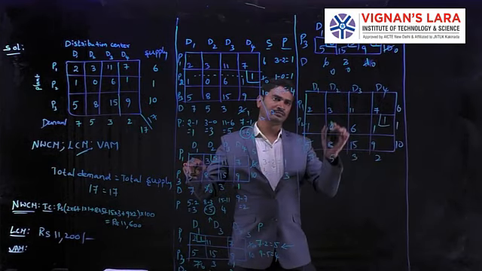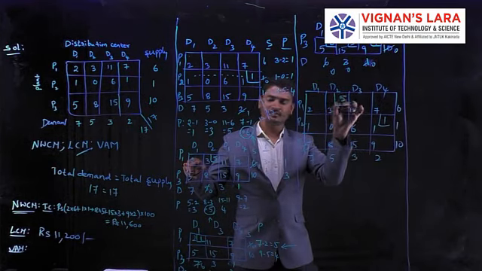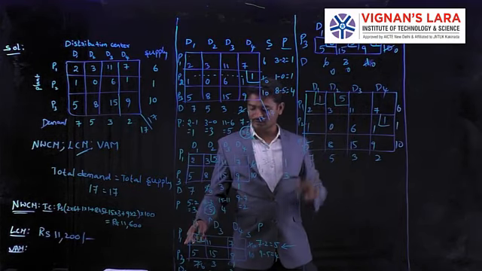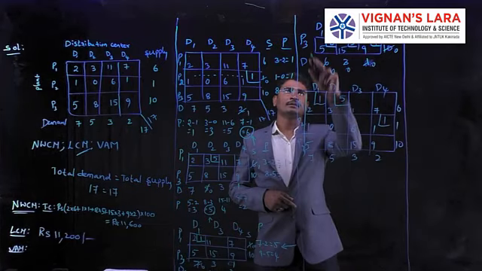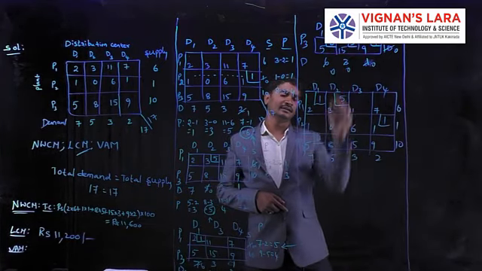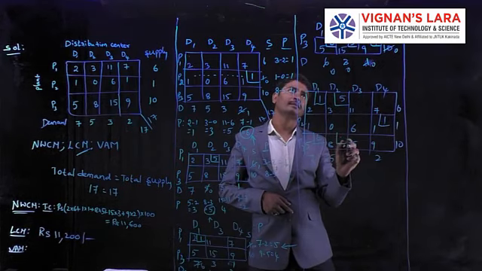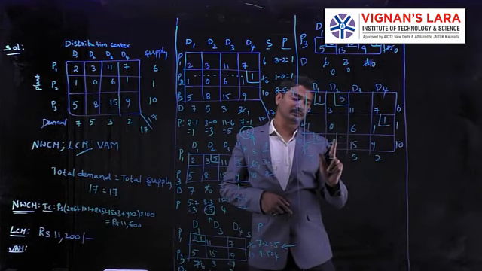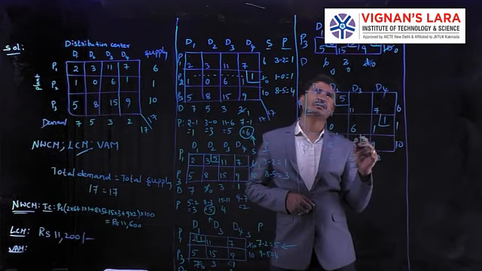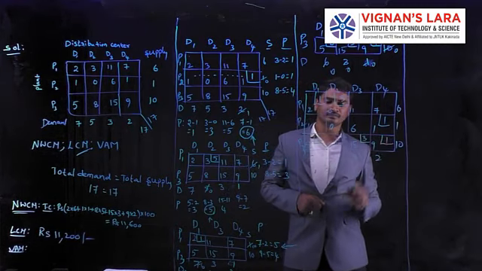Next, P1, D2, 5. Next, P1, D1, 1. Next, P3, D1, 6. Next, P3, D3, 3. Sorry, P3, D3, not this, this 3. Next, P3, D4, 1.